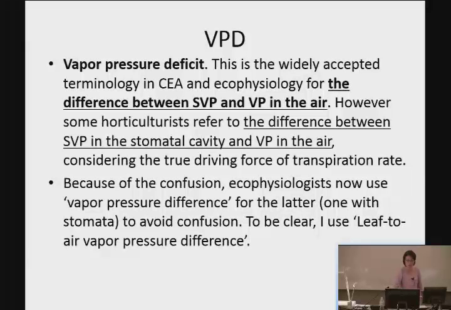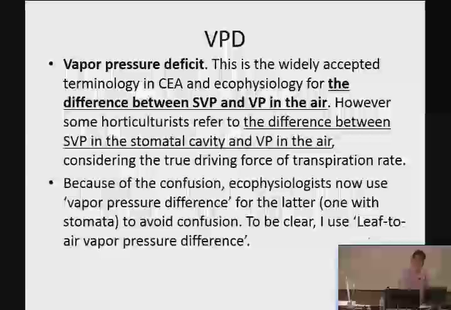So instead of just calling it VPD, they want to call it vapor pressure difference. And when you say vapor pressure deficit, ecophysiologists mean that this is in the air, just like you learned.